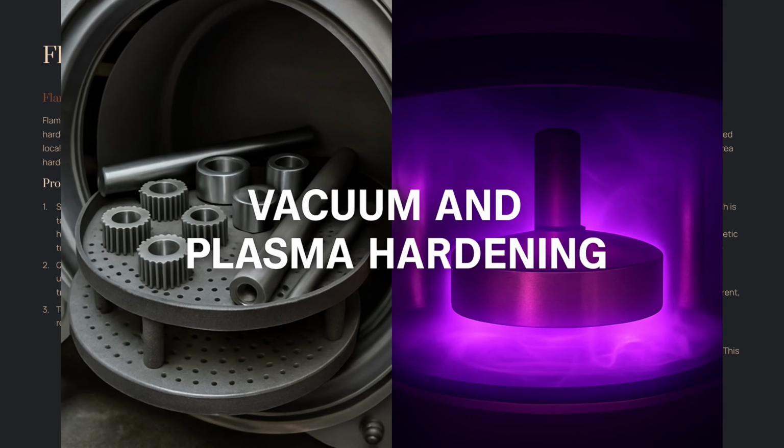This is ideal for components requiring localized wear resistance. Precise control. The depth and pattern of hardening can be precisely controlled by adjusting parameters such as frequency, power, and heating time. Minimal distortion. Due to localized and rapid heating, overall part distortion is significantly reduced compared to through hardening.